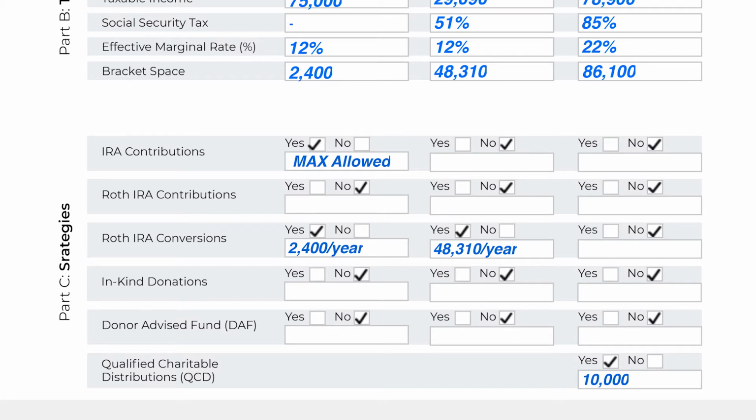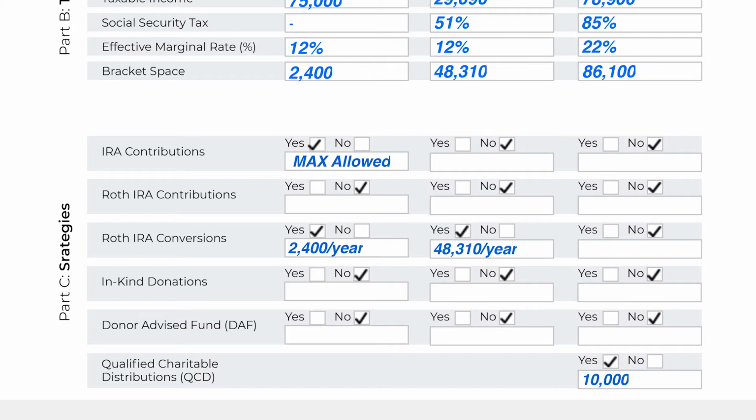That's why you see a no and a no on the check marks for their Social Security start years and their RMD years, because they can't contribute new dollars into that account. We did put max contributions because they are in the 12% bracket, and if they get a match, we want to make sure they maximize the match coming from their employers. That's why it's a maximum allowed as they accumulate inside of their tax deferred accounts.